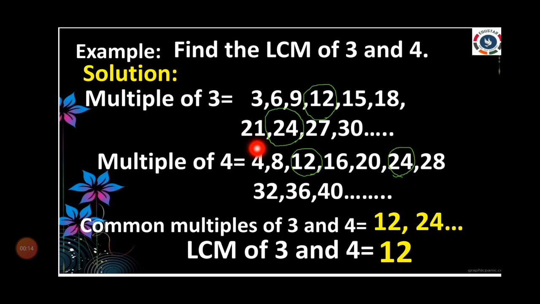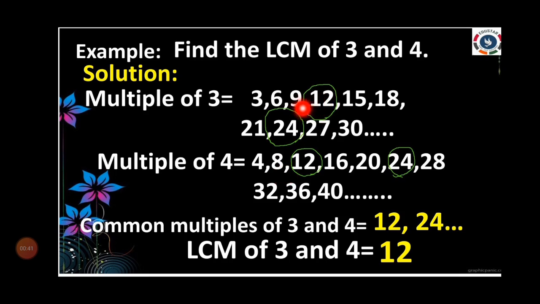Here we are going to use only the multiples. First write the multiples of 3: 1 3 is 3, 2 3 is 6, 3 3 is 9, 4 3 is 12. Then write the multiples of 4: 1 4 is 4, 2 4 is 8, 3 4 is 12, like that. Up to 10 is enough, then you keep continuing with dots.